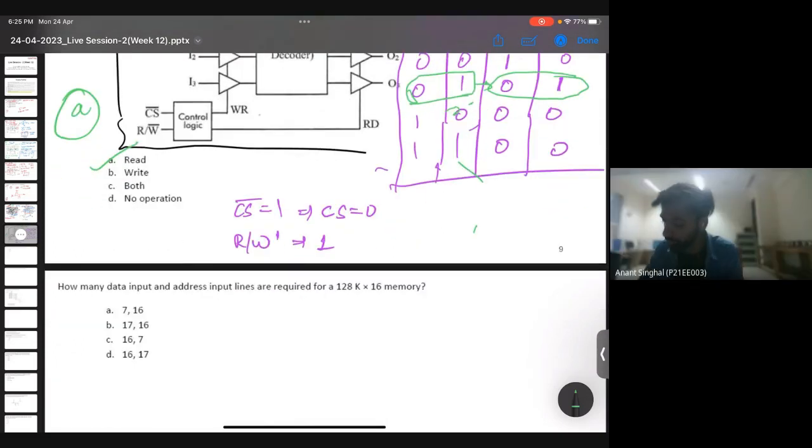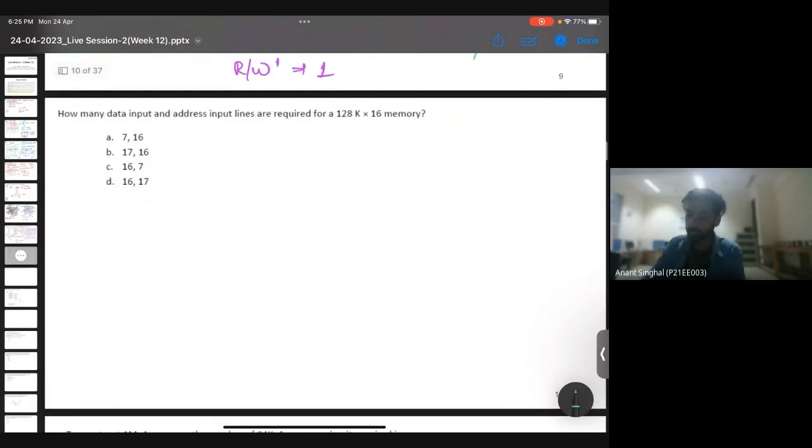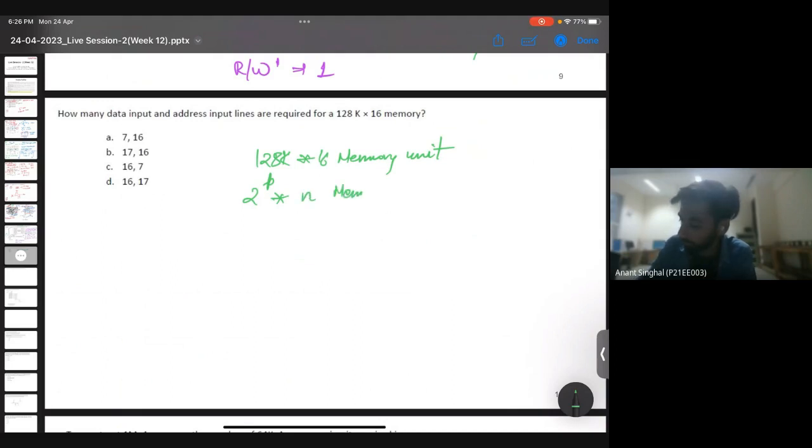Let's proceed to the next question. It says how many data input and address input lines are required for a 128K cross 16 memory unit. We know the general representation is 2 to the power p into n memory unit.